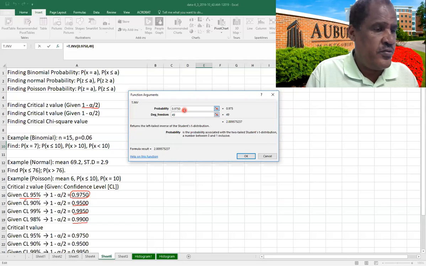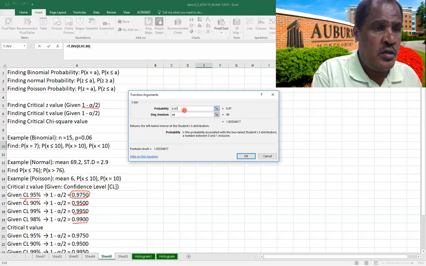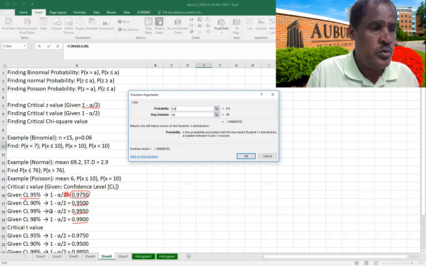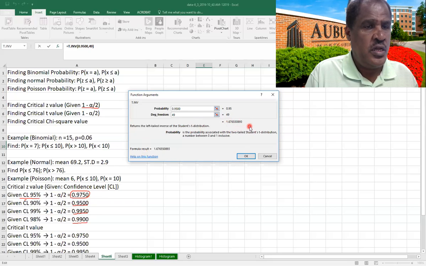Similarly, for 90% confidence level, the 1 minus alpha over 2 is 0.9500. So put 0.9500, and what you get is 1.67 and so on for the critical T value. Okay. Similarly, for this one, you just need to change this number. If the degree of freedom changes, change the degree of freedom, and you can find the critical T value.